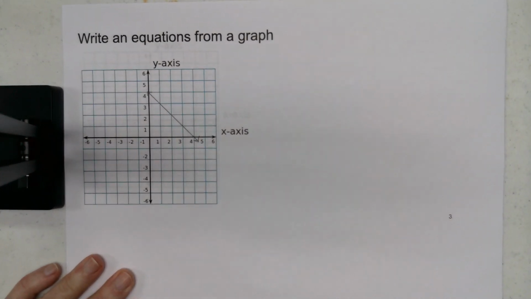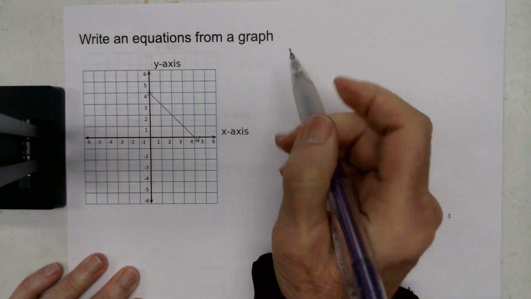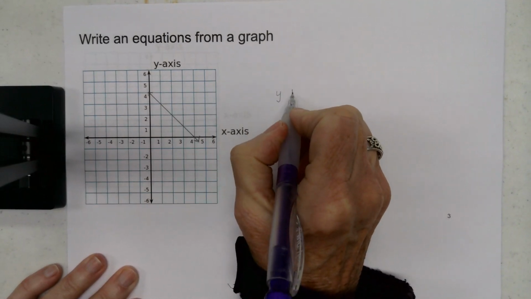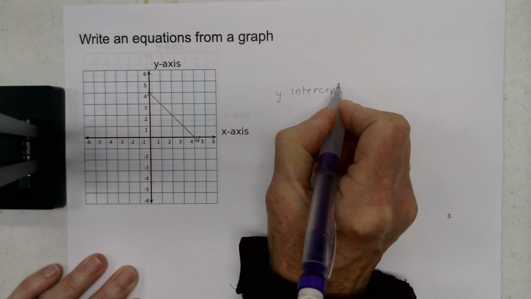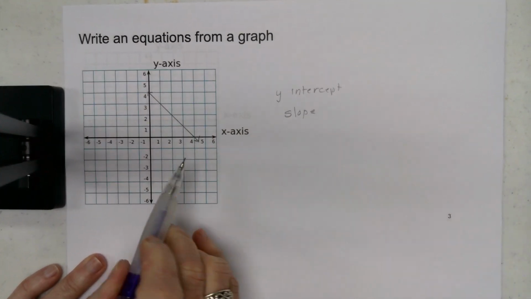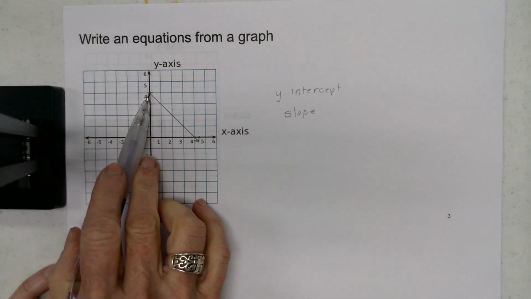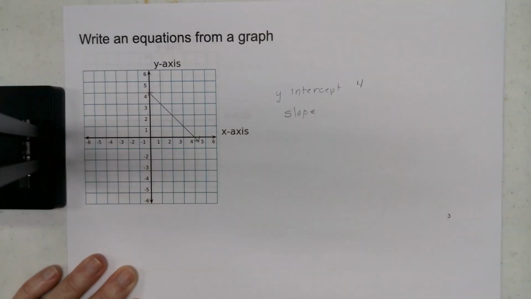Sometimes they draw a graph and say, write the equation based on the graph. From this graph, we can get the y-intercept and the slope. First I look to see where it crosses the y-axis. It crosses at 4, so there's my y-intercept.